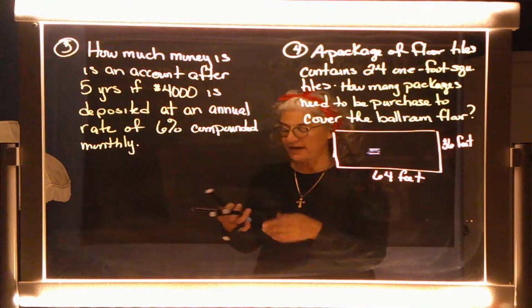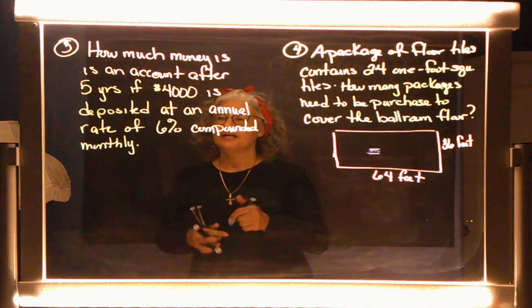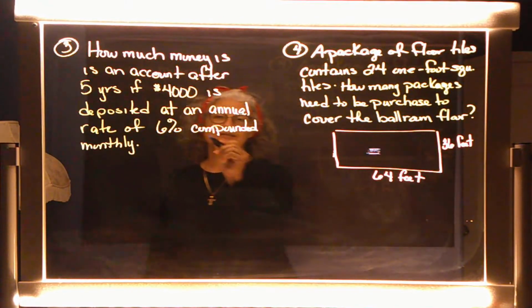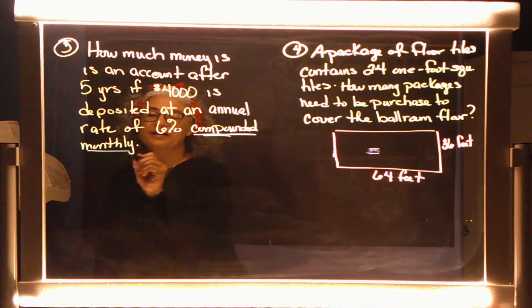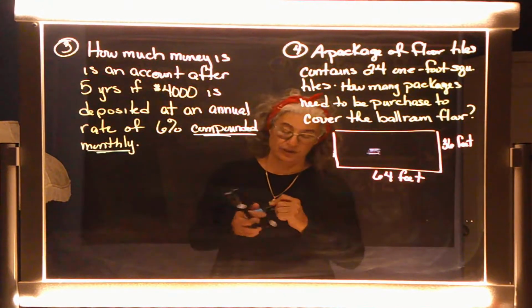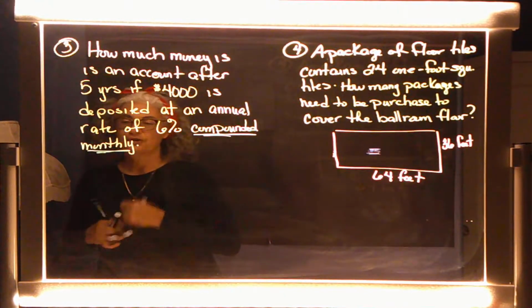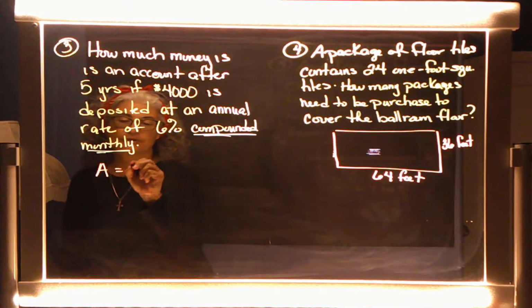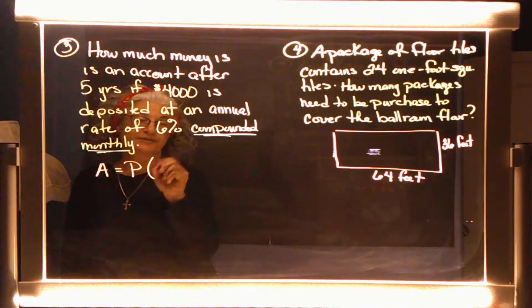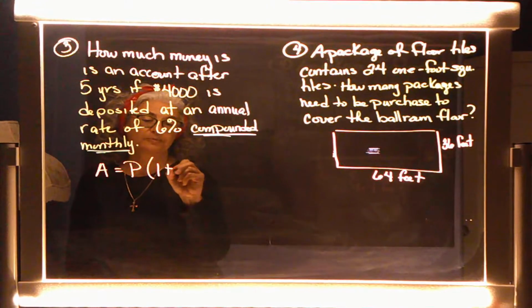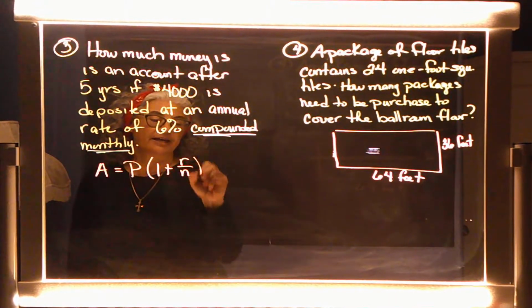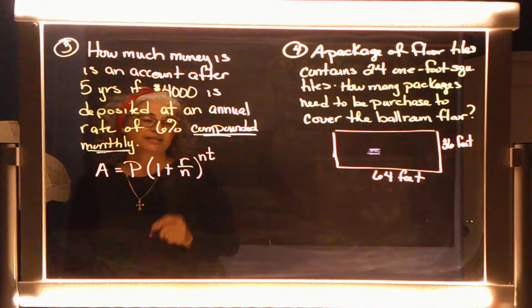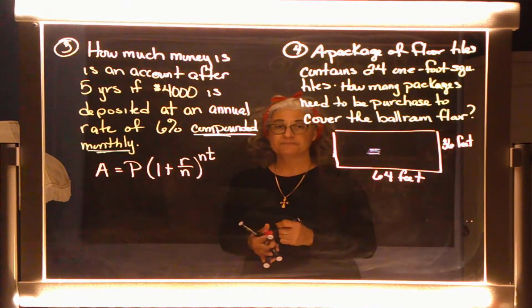Well, the compound interest formula that they're talking about, and because it said compounded monthly, the formula that goes with this looks like A equals P, and in parentheses, 1 plus R over N, to the power of N times T. With me?